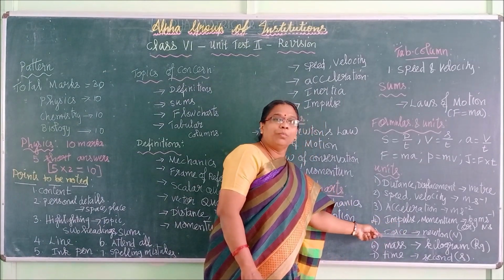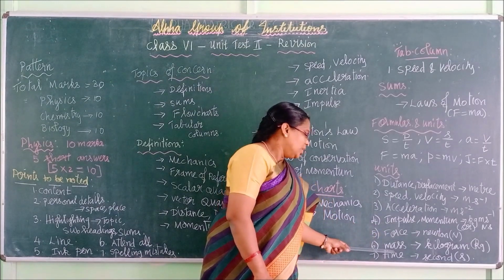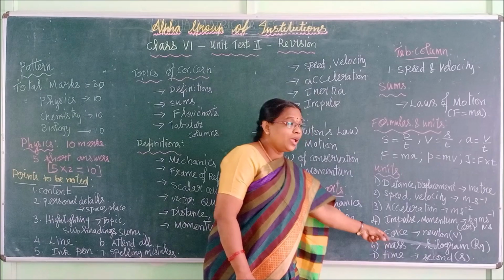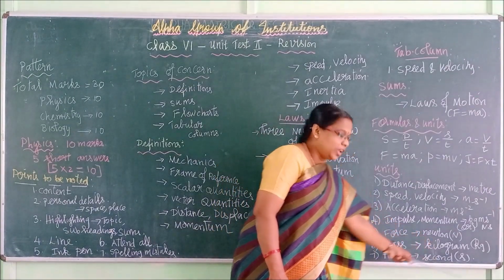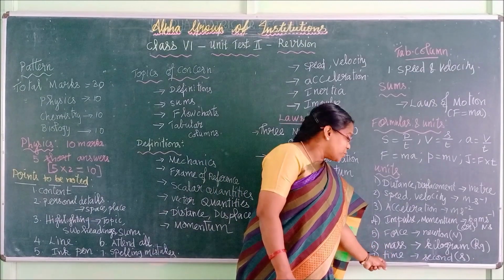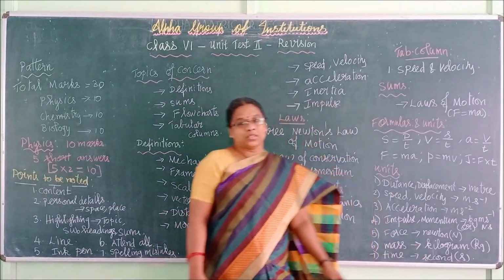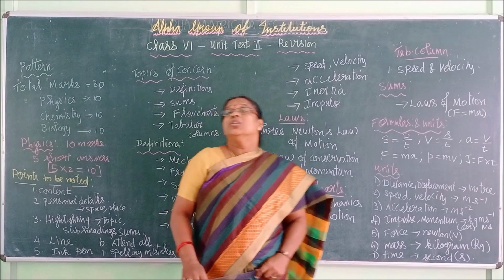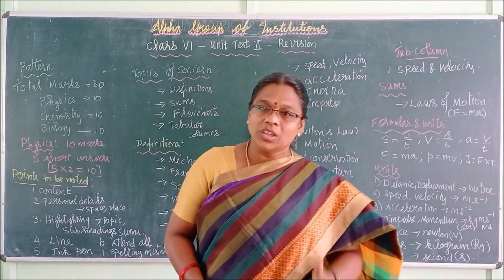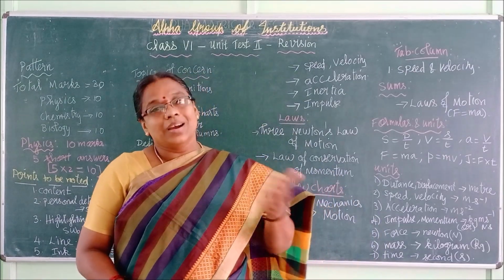These are all very important points. For mass, kilogram, start with small k and the symbol is also small k. Then time, second, start with small s, symbol also small s. Children, these are very important. These are the main points you need to concentrate on. First finish off this, then go to your other content.